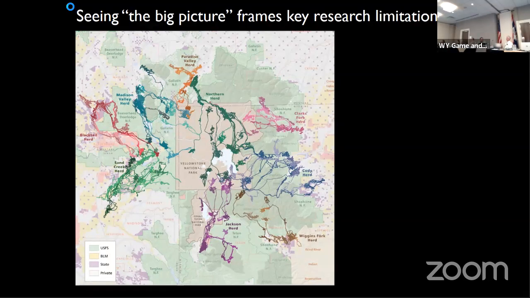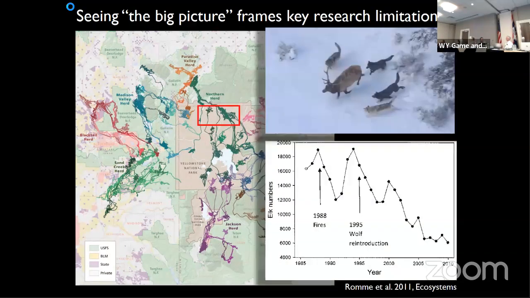So in terms of published science that is tracked by media and becomes the story that people associate with elk and their predators in this system, which has a huge influence on how we think about these systems from local to national to international levels, the vast majority of that comes from one fraction of one winter range of one of these elk herds in the northern herd of Yellowstone.